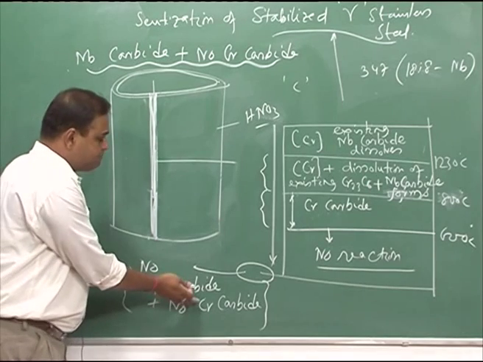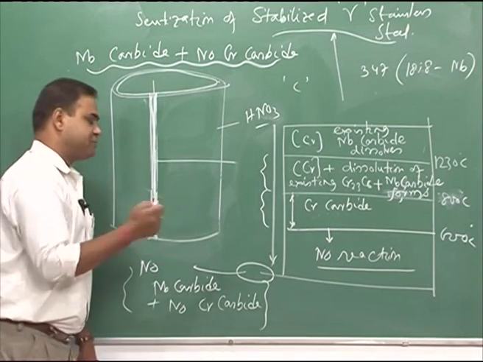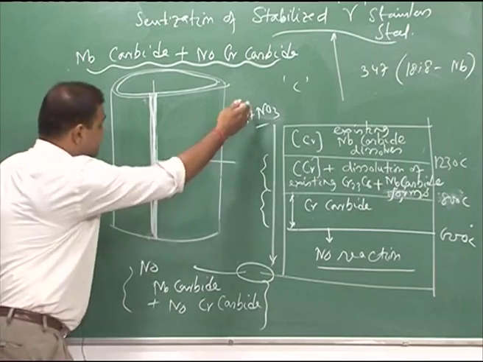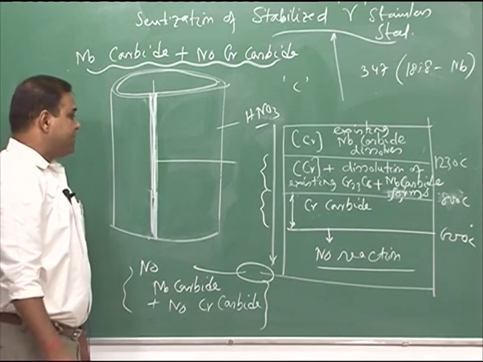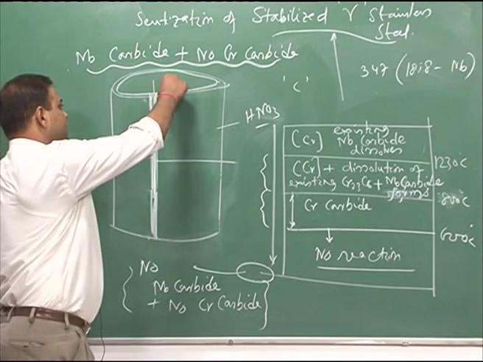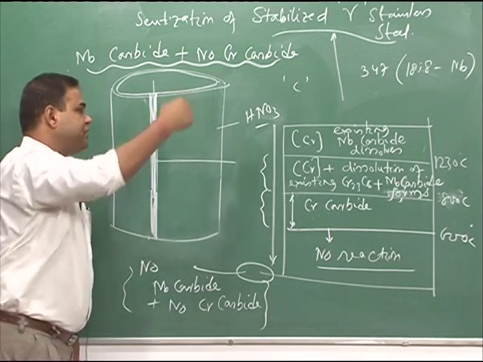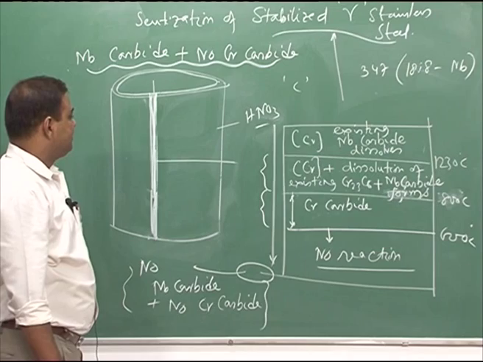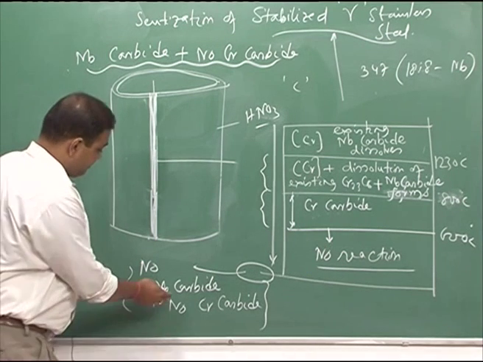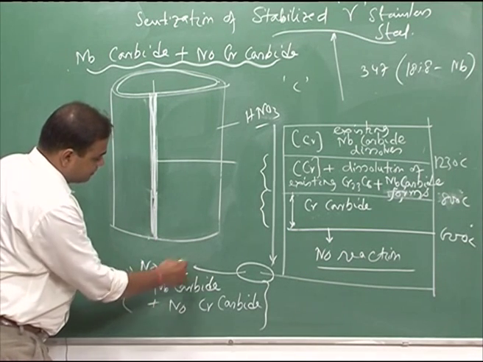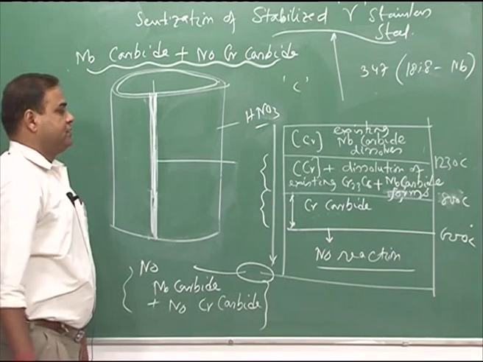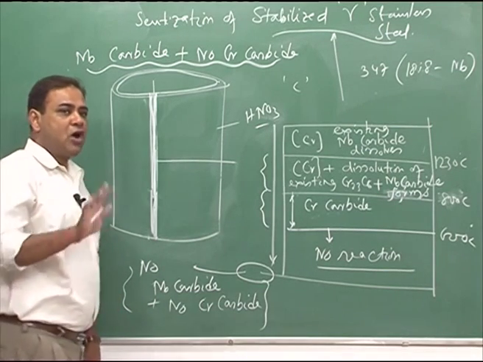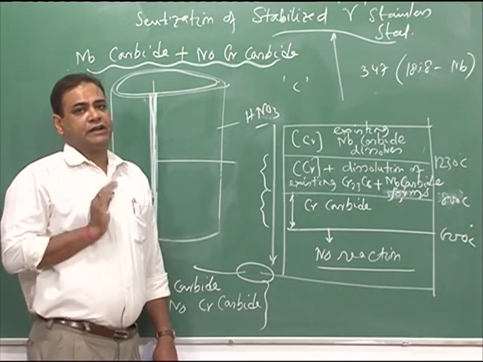So, even if the niobium is present in the steel, because of this very rapid cooling due to a very thin cross section of the stainless steel plate, we have no niobium carbide, no chromium carbide. The system will not experience any intergranular attack.